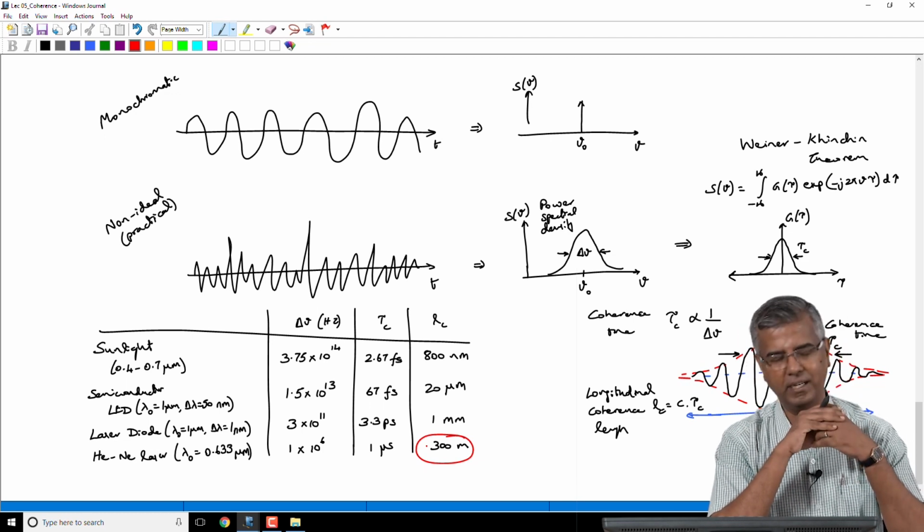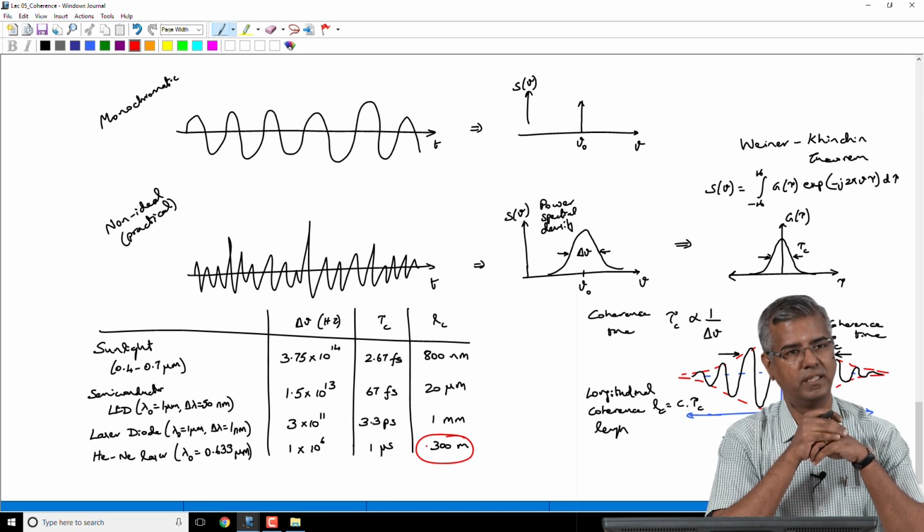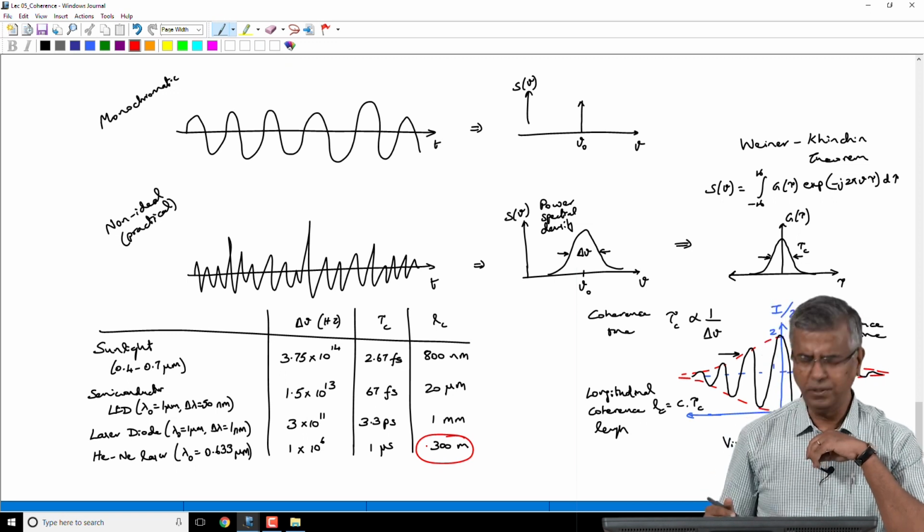So if you want to build an interferometer, you are typically looking for long coherence length, and that is actually what is behind, we heard of the LIGO.